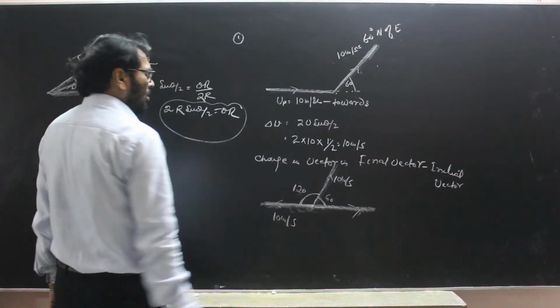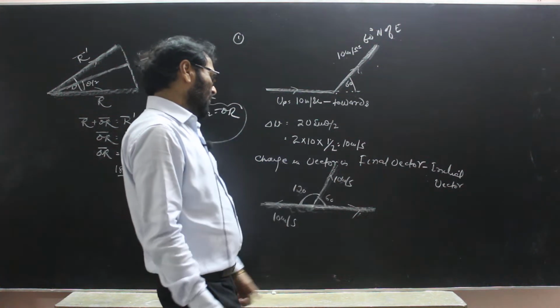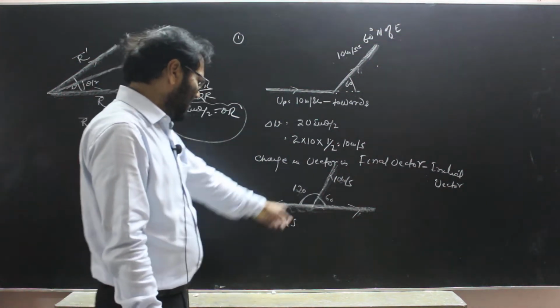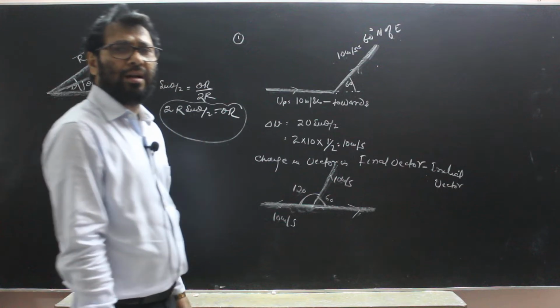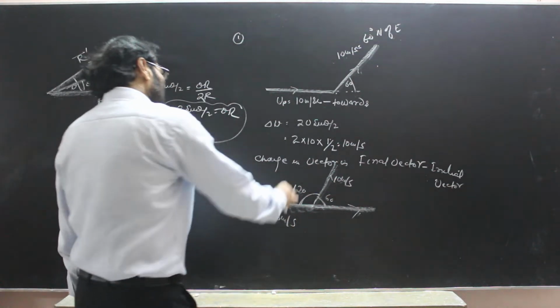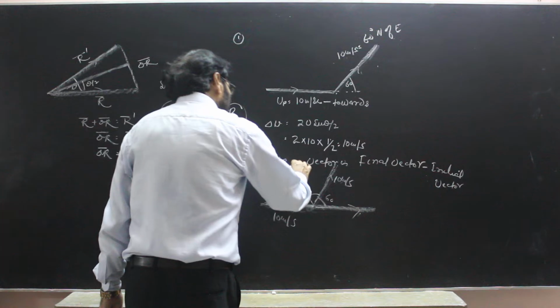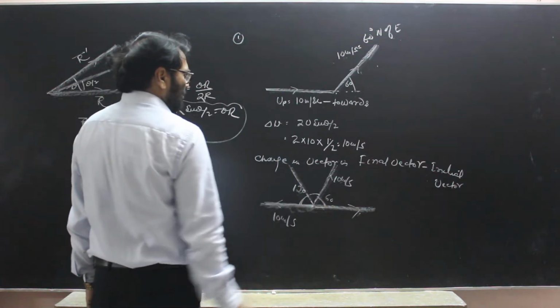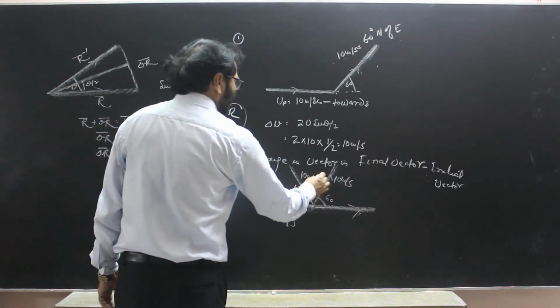And we have already calculated in vector that if two vectors are added at 120 degree and if their magnitudes are equal, the resultant is also 10. And the resultant of two equal vectors bisect each other. So this is also 10 meter per second, my dear.